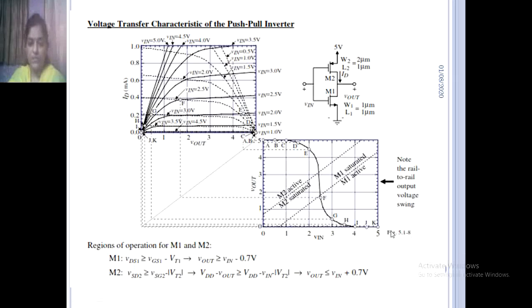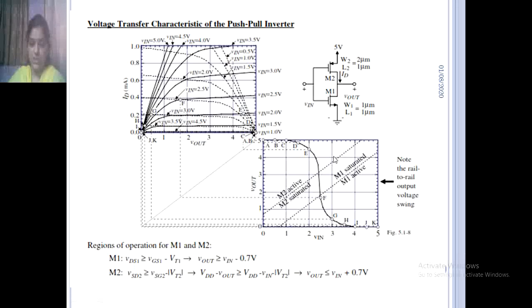Here one graph we have plotted is the projection of this graph, and whatever the points A, B, C, D, E plotted here, the same are plotted here, A, B, C, D, E, F, G, H, I, J, K up to this. So this is the rail to rail output voltage swing. Rail to rail means 1 and 0.